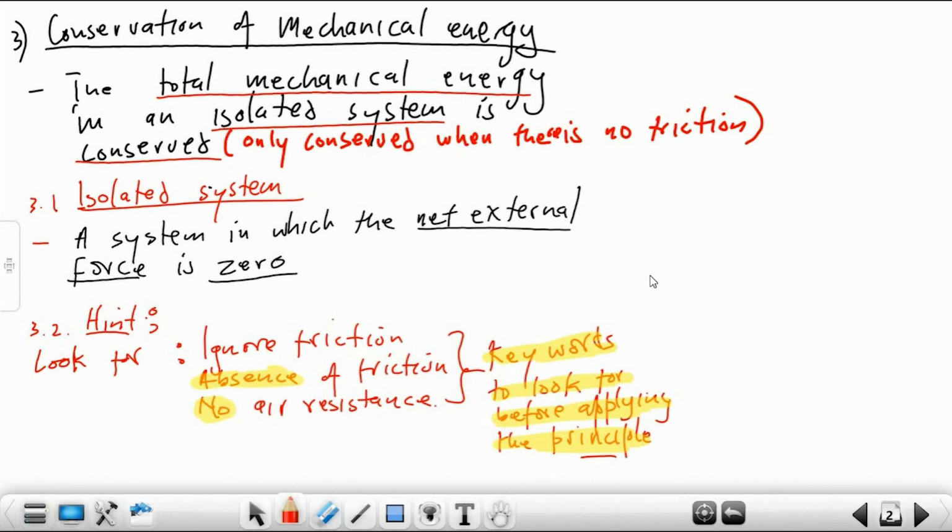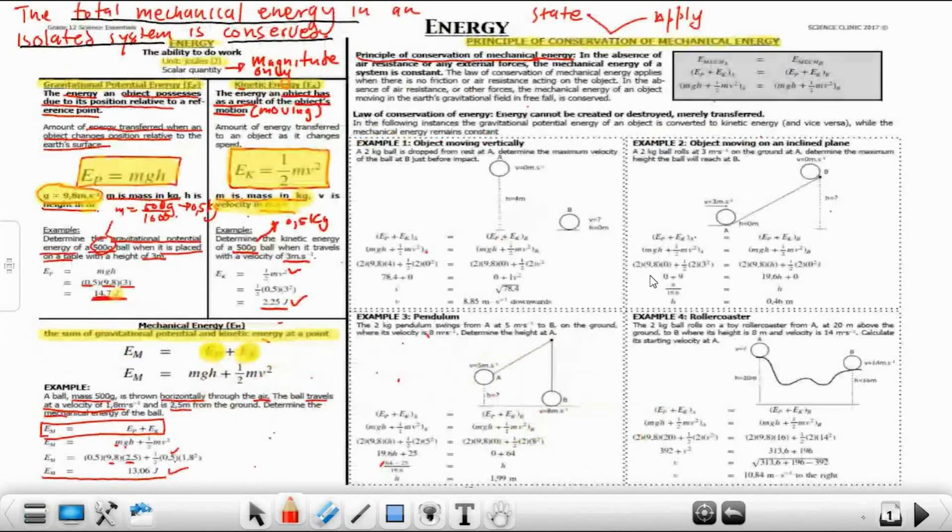Once they tell us that the friction can be ignored, there is no friction, then automatically conservation of mechanical energy should come to mind. This conservation of mechanical energy is basically E at the top is equal to E at the bottom.